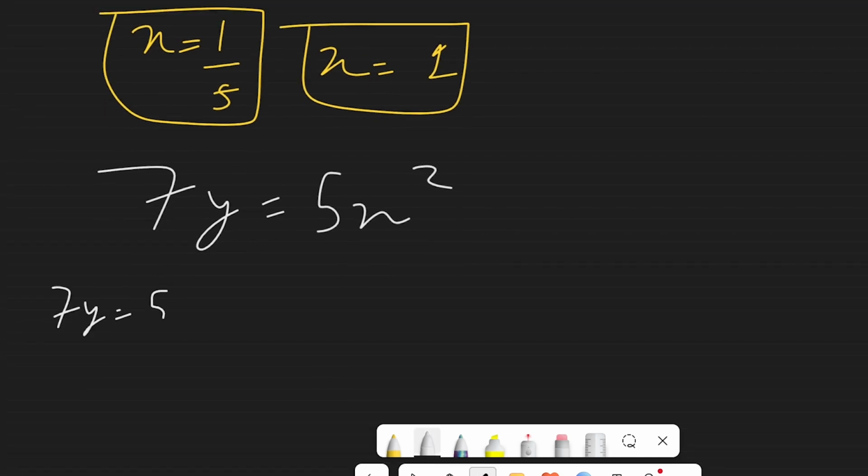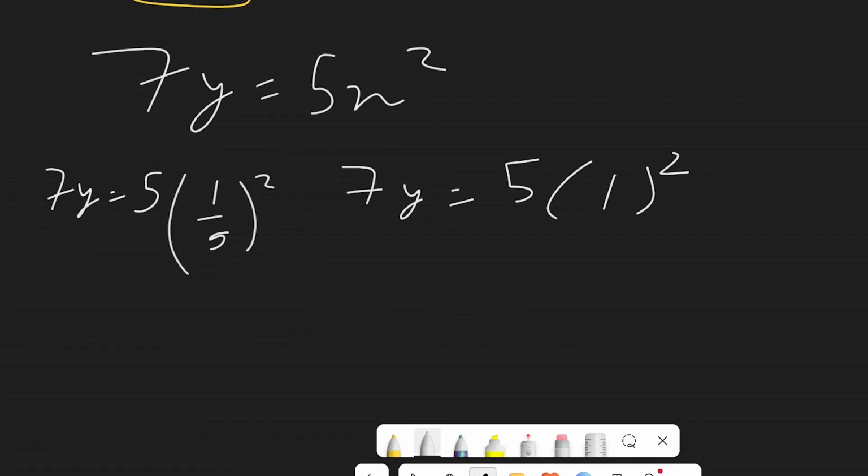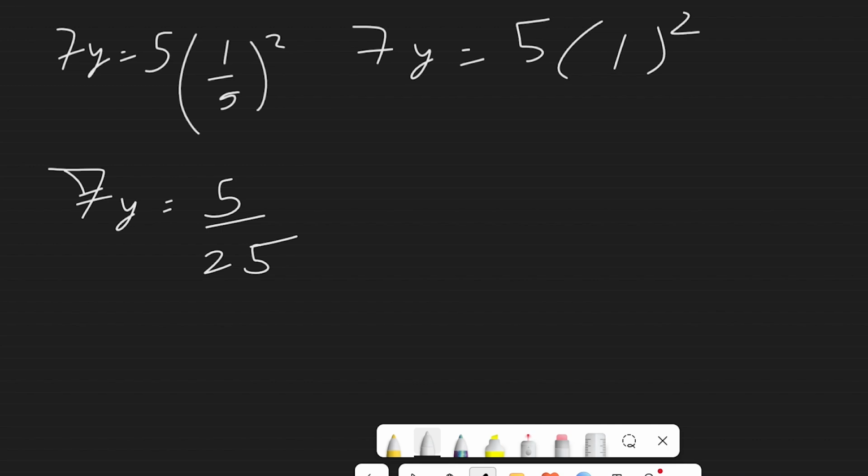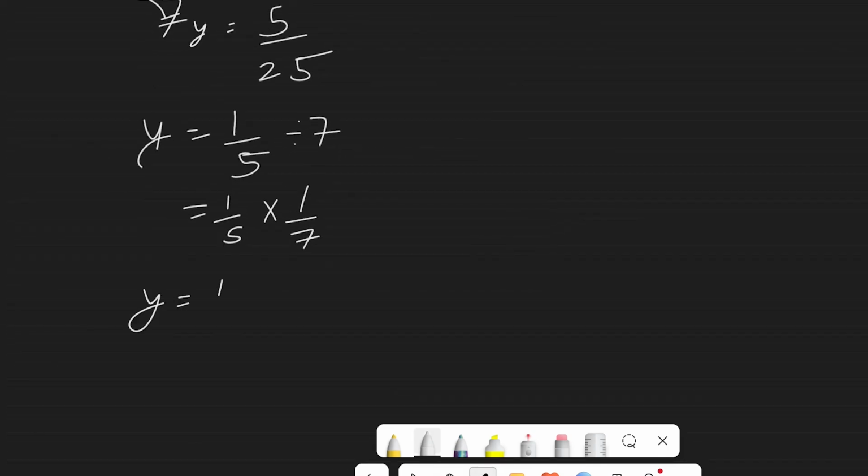So 7y = 5 into (1/5)², or in the other case 7y = 5 into 1². So the answer would be 7y = 5/25, which is 1/5. Next, y is equal to 1/5 divided by 7, which is 1/5 multiplied by 1/7, and that would be y = 1/35. So this is the value of y.